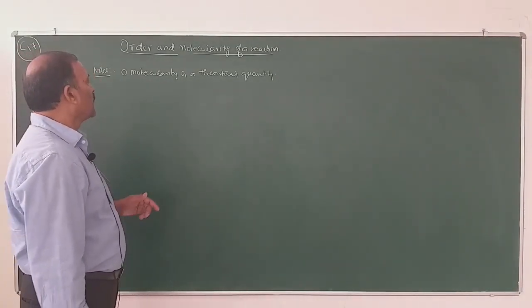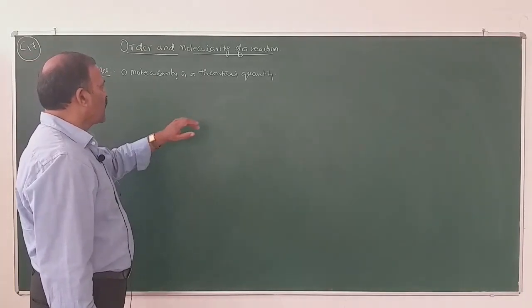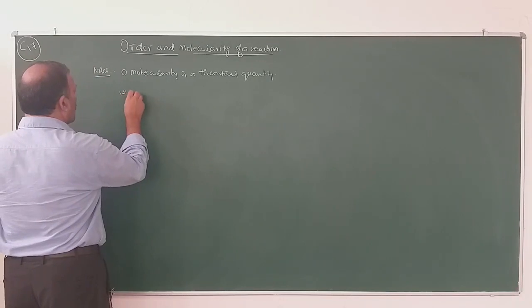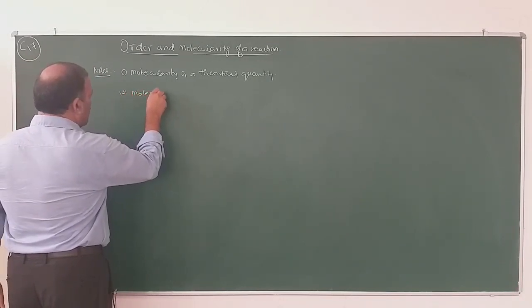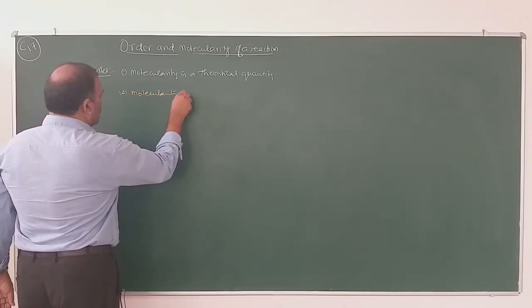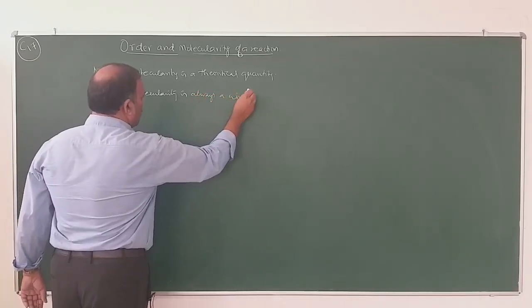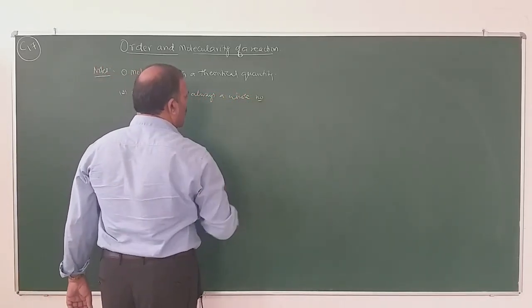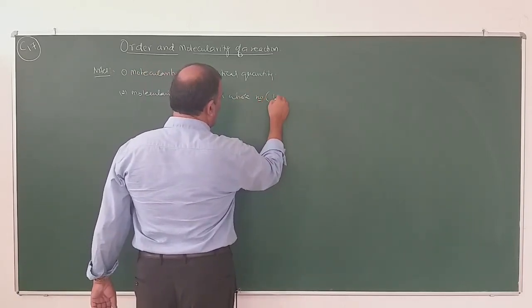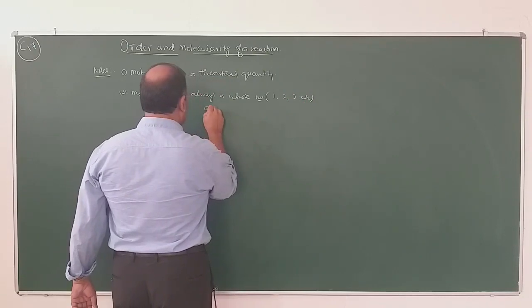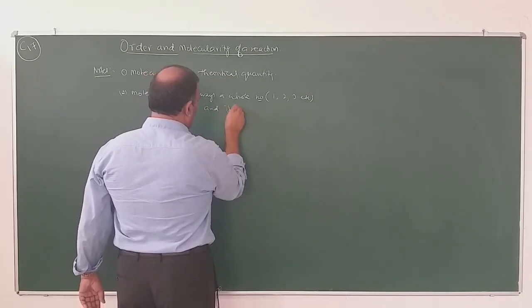Therefore, we can decide the molecularity of the reaction. Therefore, it is called a theoretical quantity. Number 2, molecularity is always a whole number, like 1, 2, 3, etc. And it cannot be 0.